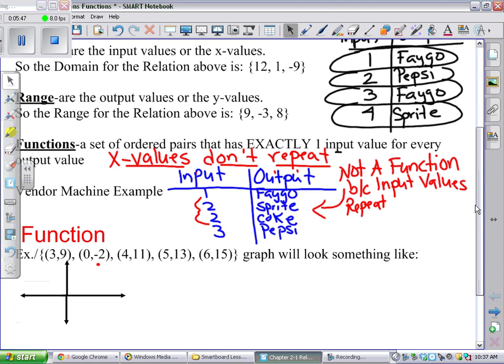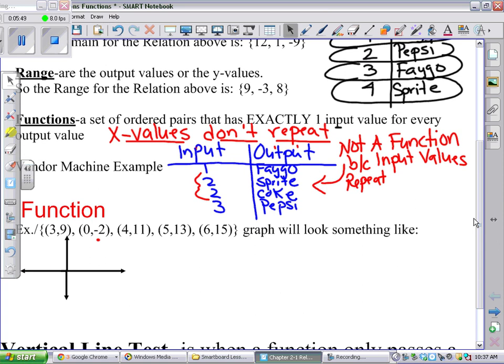All right, so if we look at this function here, how do I know it's a function? 3, 0, 4, 5, 6 represents my domain, and none of these values repeat.